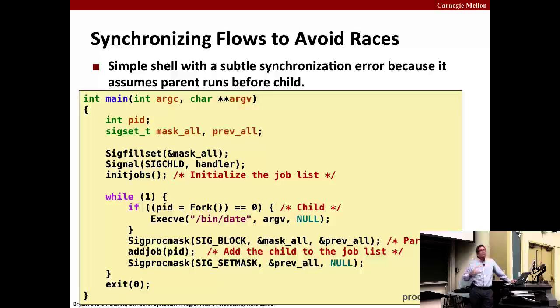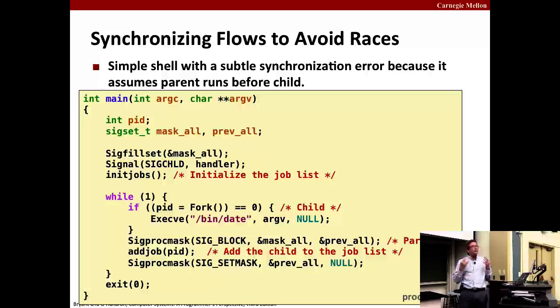Yes? Is it possible it could finish and try to remove stuff from the queue before it tries to add it? Exactly, that's exactly it. Is it possible that the child process could terminate before the parent has a chance to add that job to the queue? The answer is yes. You cannot make any assumptions about the execution ordering of the child and the parent, or about how long they run.